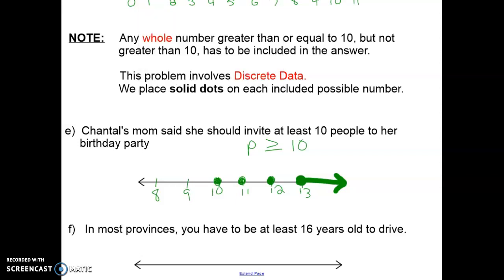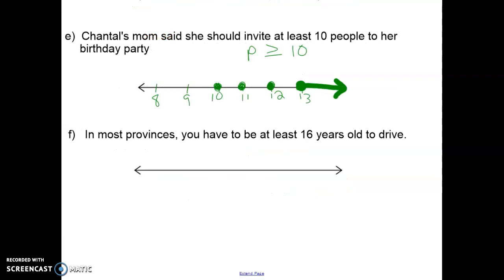For the next one, in most provinces you have to be at least 16 years old in order to drive. So your age, or your driving age, let's use D, has got to be greater than or equal to 16. So we'll put that on a number line. So you have to be at least 16 years old to drive.